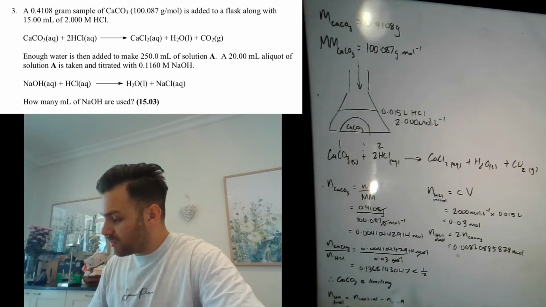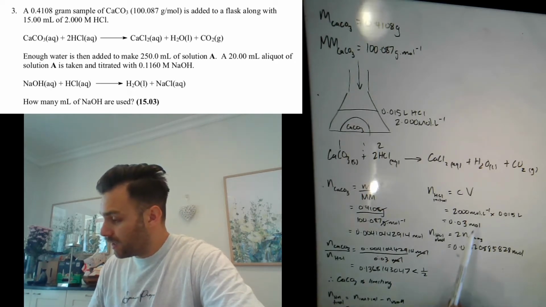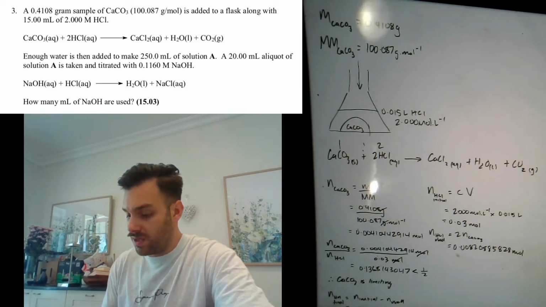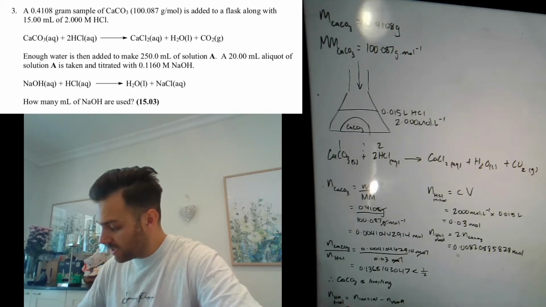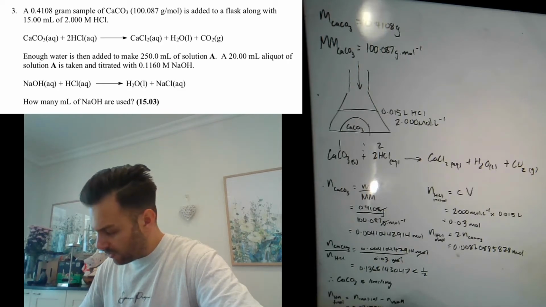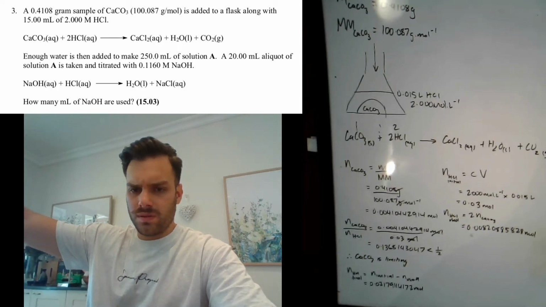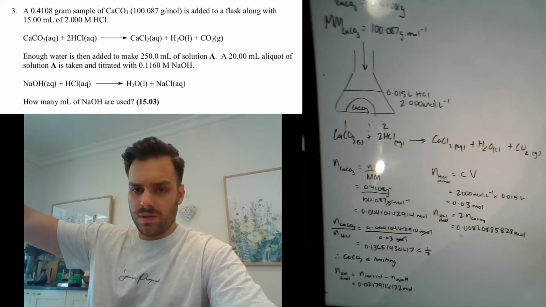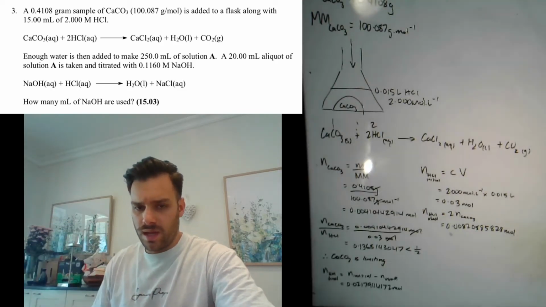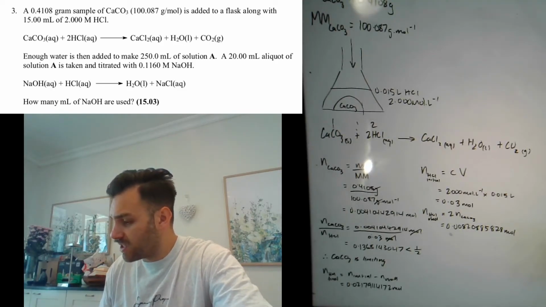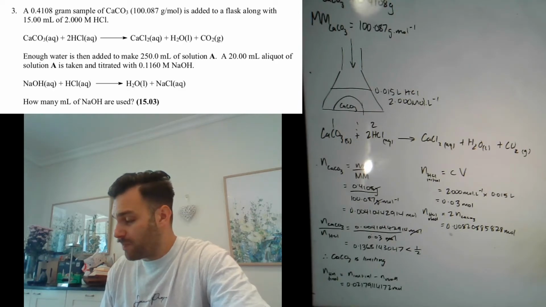So I'm just going to subtract this number from this number. So 0.03 minus answer at this point, and we get 0.02179114172 moles. All right, so that's how many moles of HCl we end up with.